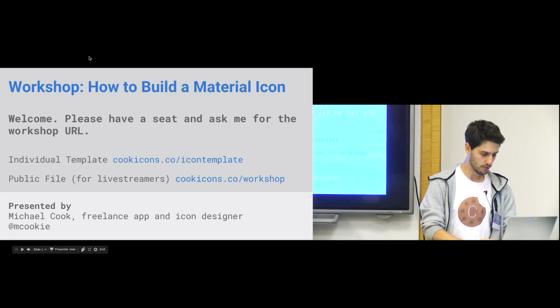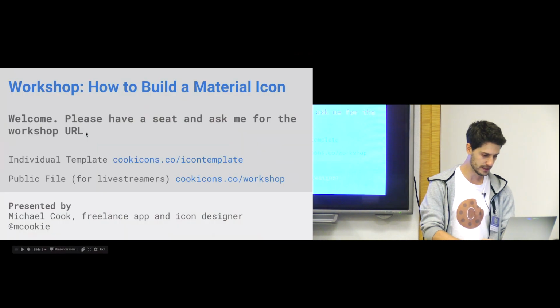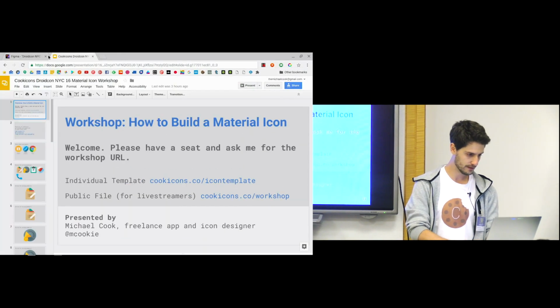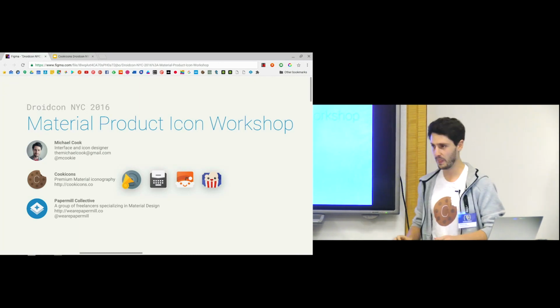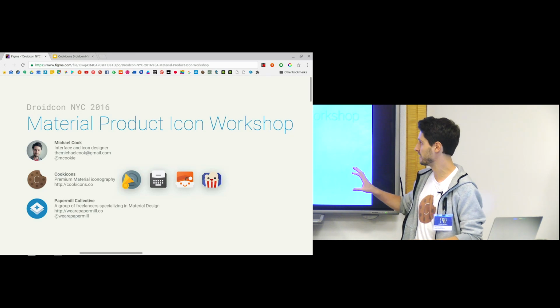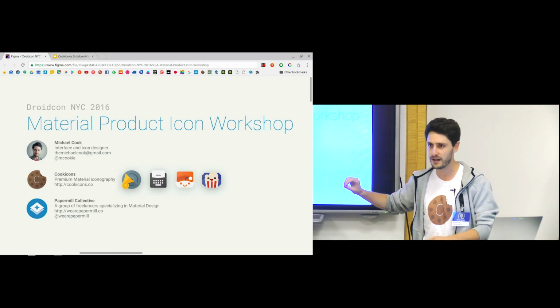We're going to hop over to the other screen. And now we are in Figma. Figma is the design tool that we'll be using for our workshop material design product icons.